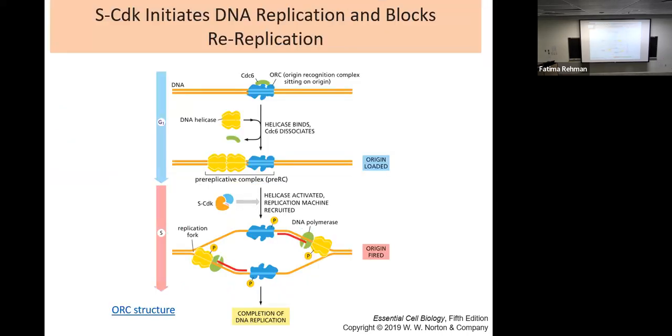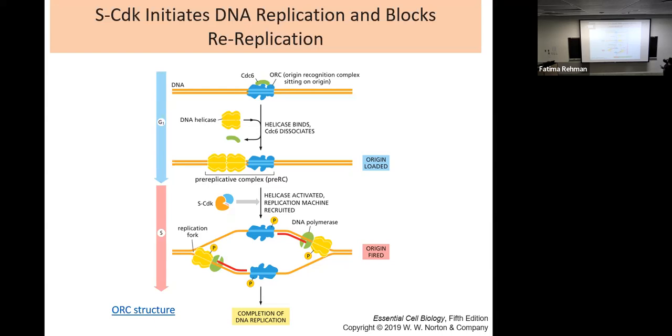Now, other things can happen with your CDKs. Once your synthesis CDK is activated, the S-CDK is active and has gone into the nucleus, what it does inside is activate your origins of replication. Remember those?